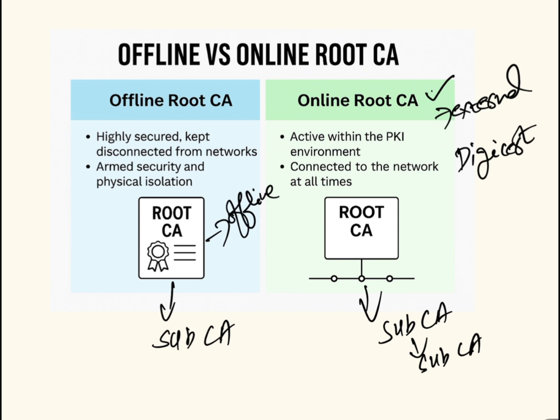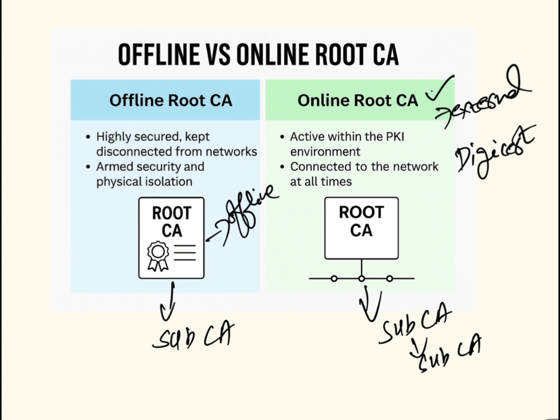Now the key differences. For instance, for internal PKI, let's say company XYZ builds their own offline root CA. For public CA, the providers are CAs like DigiCert.